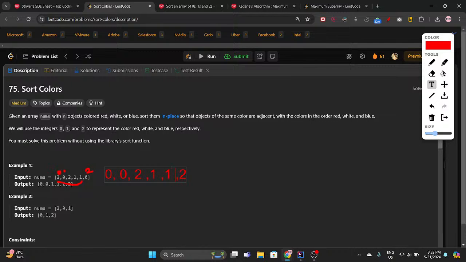Now with our drawing pen, 1 pointer stays over here, this 0 pointer stays over here, 2 decrements by 1.